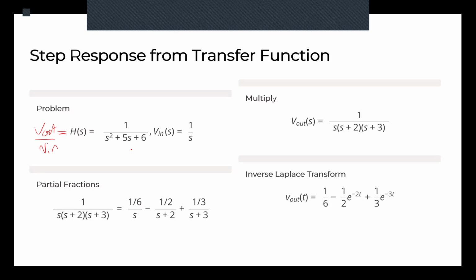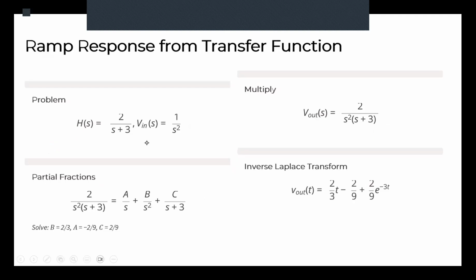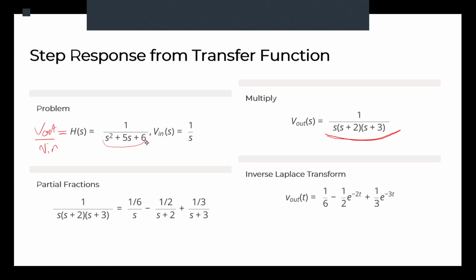If you do the multiplication, you would find that the output S domain equation would be 1 over s times s plus 2 times s plus 3, where these two terms are the expansion of s squared plus 5s plus 6.